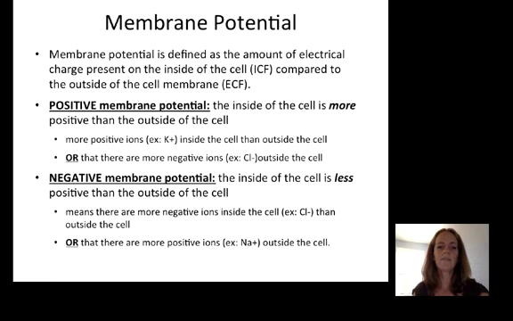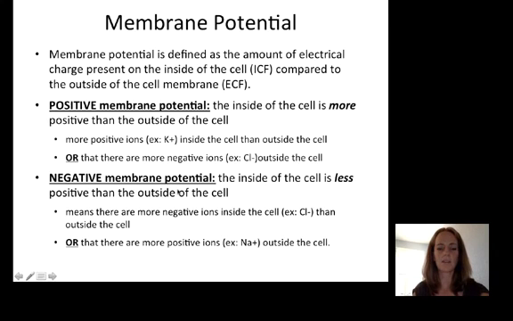Or the flip of that is you could also have the outside of the cell have more negative ions. Think about that for a second, because this is in reference to the inside versus outside. So if the inside, say, is neutral, but you've got a lot of negative outside, then we would say that the inside is positive relative to that negative outside.